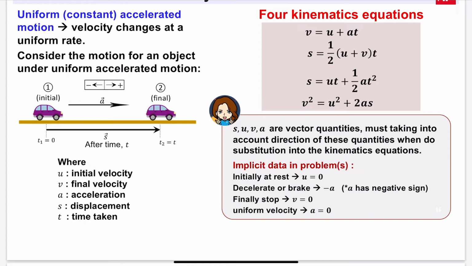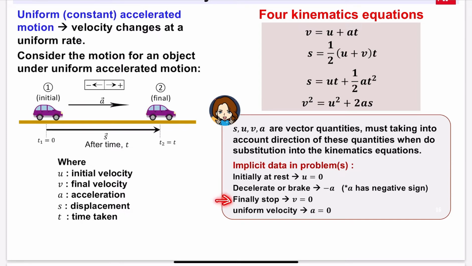If the question said that there is a deceleration made by the object, or the object is decreased in velocity, or the car is pushing a brake, it means that the velocity is decreasing in time. The initial velocity is greater, the final velocity is smaller than the initial velocity. It means that the object is decelerated, so the value of acceleration given must be in negative value.